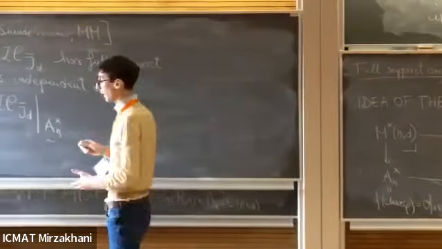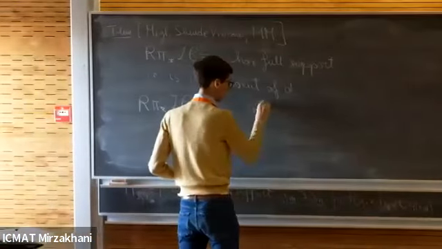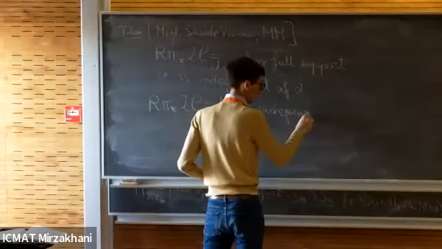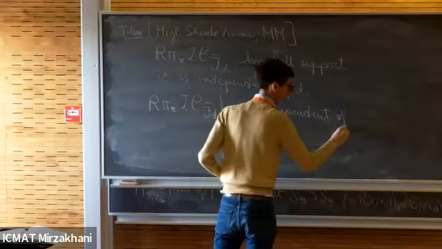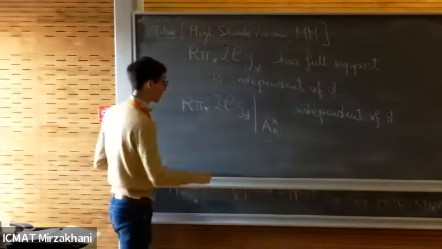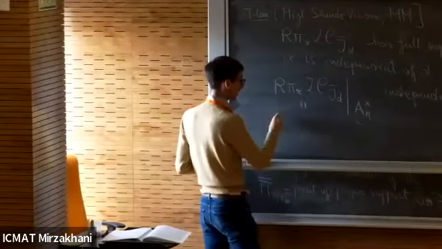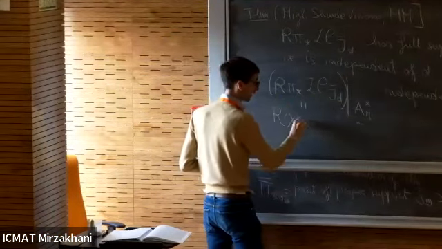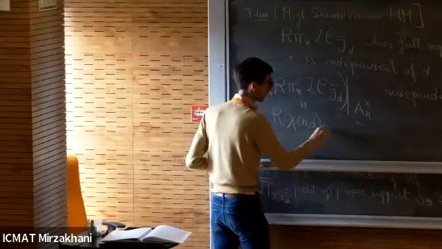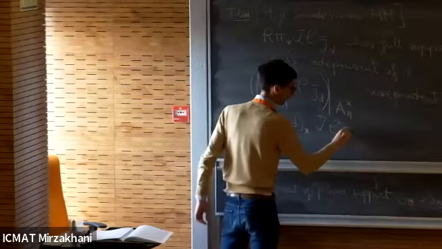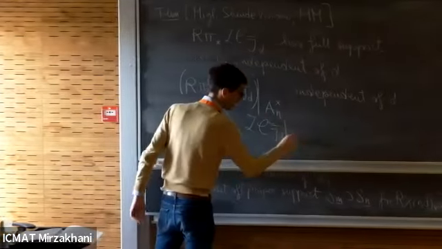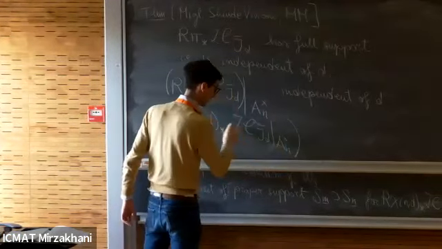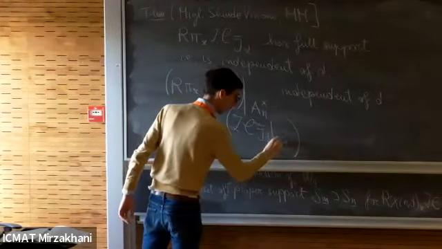So this will be, again, independent of D. But now by base change, this is the same as R chi_{n,D} star of IC of J_D, restricted to A_n star of M_{n,D}.